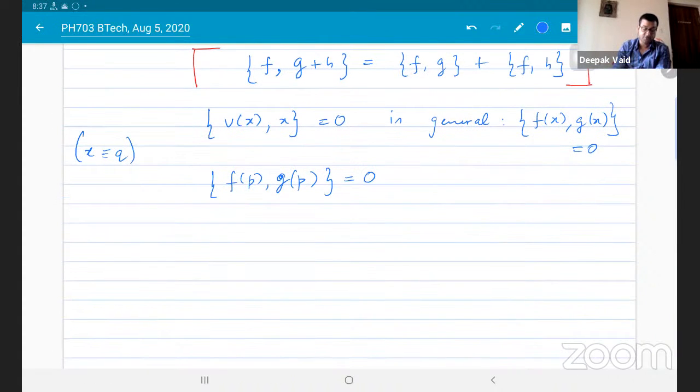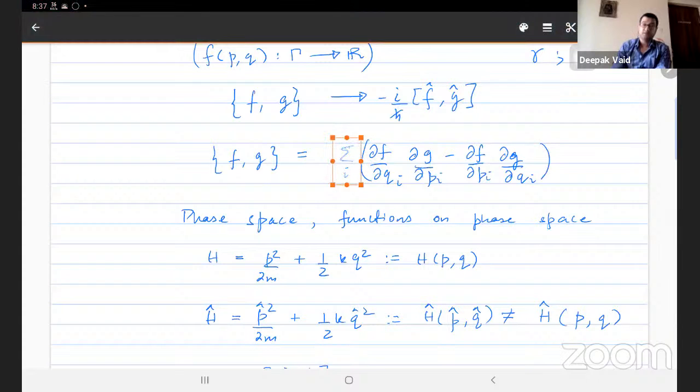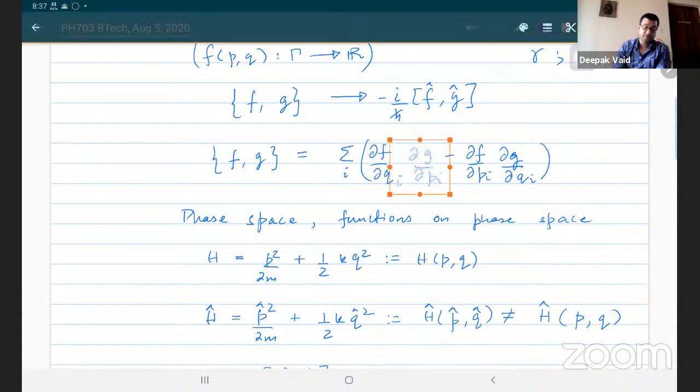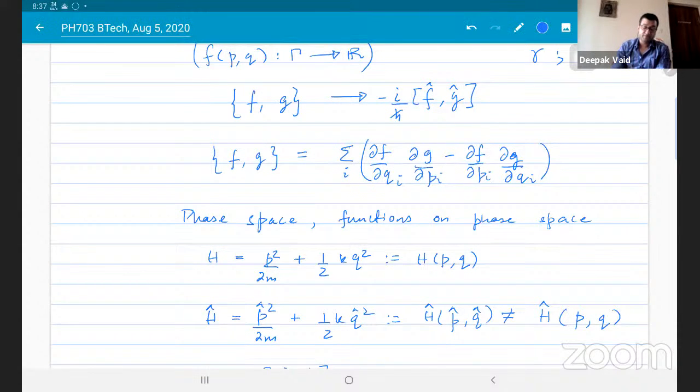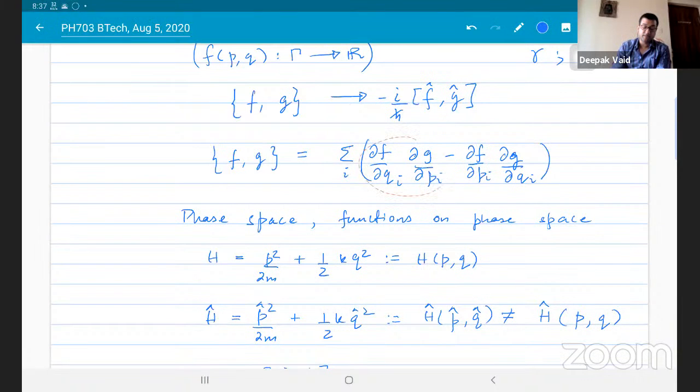I mean, it's not difficult, right? So you can use the definition of this f comma g. If you only have one dimension, then in this expression for the Poisson bracket, there is no sum. There's only one index i. So it becomes df by dq, dg by dp. And you can see that if g does not depend on p, for example, then this term will be 0.